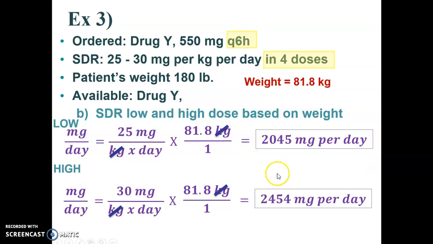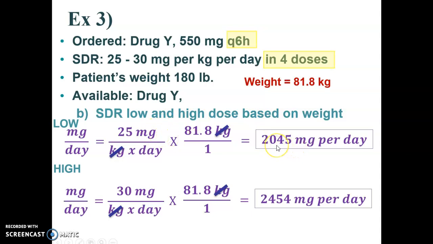But you could also have a dose that goes under that low, which means that they're not getting enough medication to make a difference. That would also not be safe to give because it's too low. It's not doing them any good if you don't get the minimum amount in your patient.